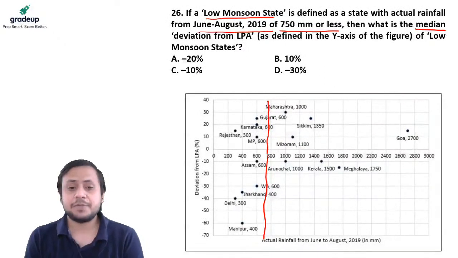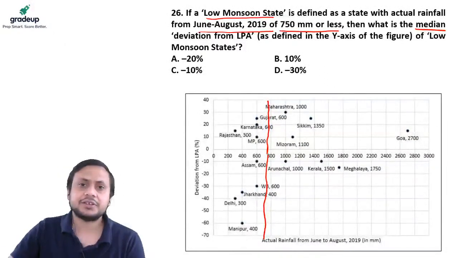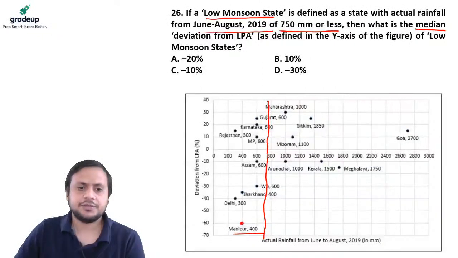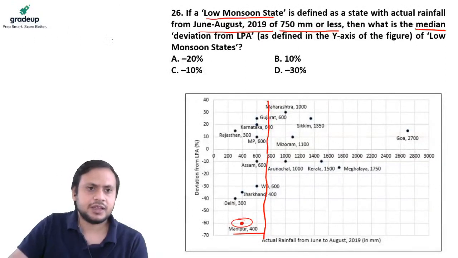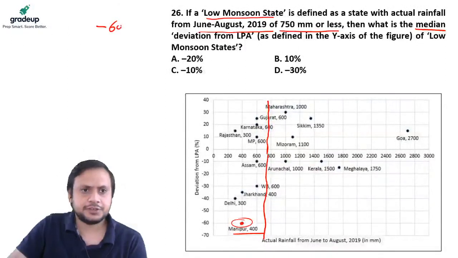And if we are talking about median values, I'll just start writing values in increasing order. The lowest deviation here is minus 60, for Manipur. I'll write it here: for Manipur, it is minus 60.